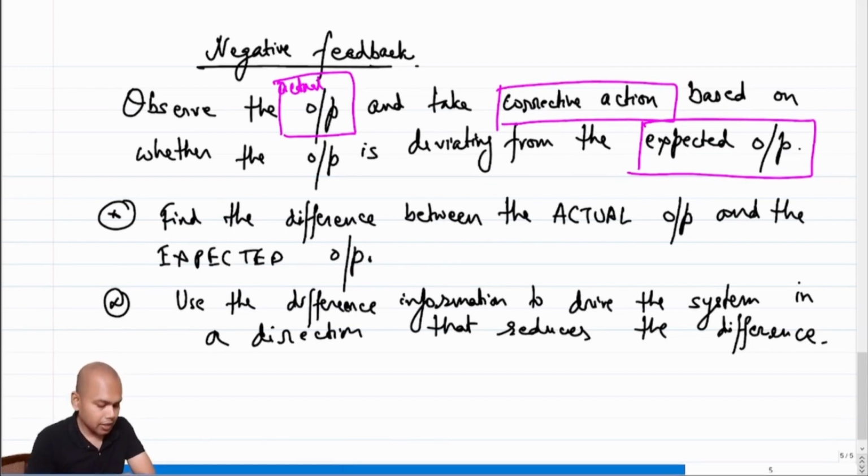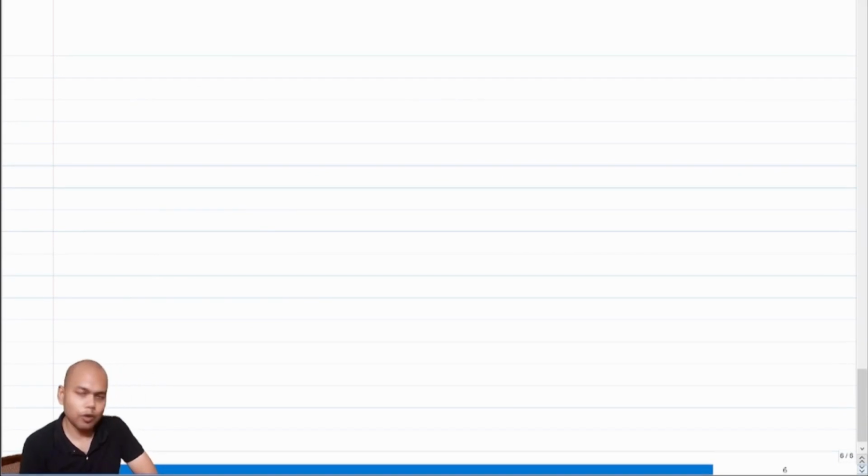Now depending on whether it's an electrical system or a mechanical system or electromechanical system or even a biological system, you'll have to put the system together in order to achieve this action, right? So let me show you with an example. Hopefully I'll be able to convince you. So let's say we want to design a current controlled voltage source, right?